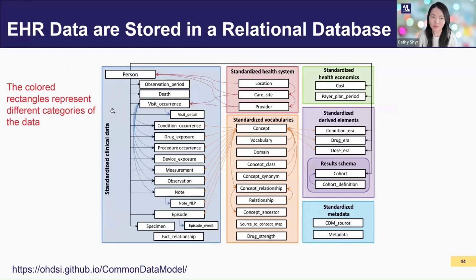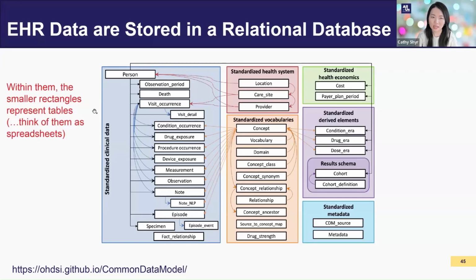For example, in this blue rectangle, we have clinical data, which contains information about the patient: their person record, their visit occurrence, their conditions or diagnoses, and what drugs or medications they've been exposed to. And in the red, we have information about their healthcare system, for example the location, the site at which they received care, and also information about their provider.